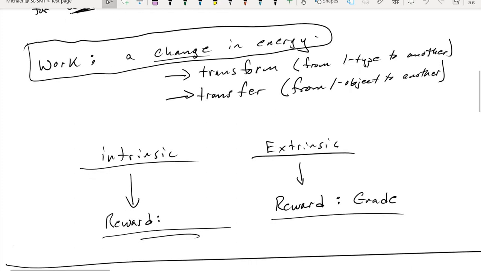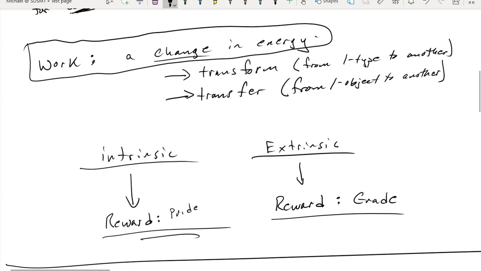But then you have intrinsic rewards. Well, what would an intrinsic reward be? What reward could you give yourself for doing well in this class? And those intrinsic rewards might just be something as simple as feeling good about yourself. You know, maybe having a little bit of pride in getting an A in the class.